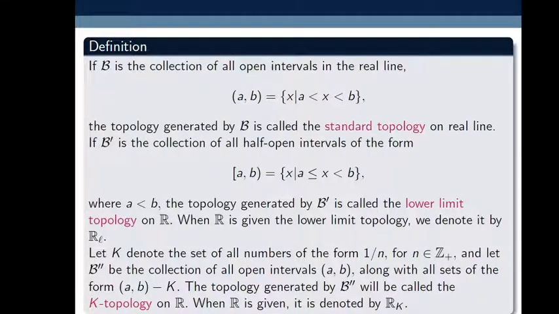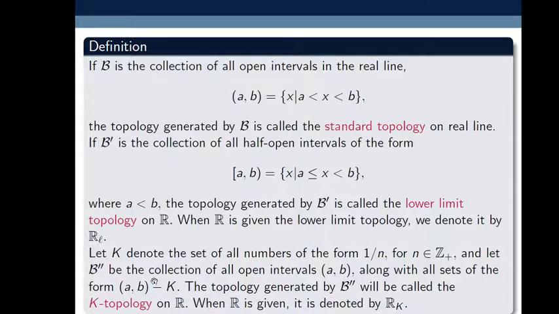So K lies in the half open interval (0, 1], where 1 is closed and 0 is open. Whenever n tends to infinity, meaning n becomes larger and larger, 1/n goes to 0. That's why K lies in the half open interval (0, 1], where 1 is closed and 0 is open.